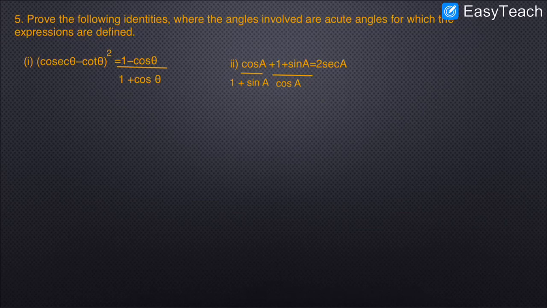So sin theta by cos theta, the whole divided by, so here in the denominator, sin theta as LCM, so 1 into sin theta, here sin theta minus cos theta, plus the same here also, so cos theta by sin theta, the whole divided by, here also cos theta is LCM, so cos theta minus sin theta.